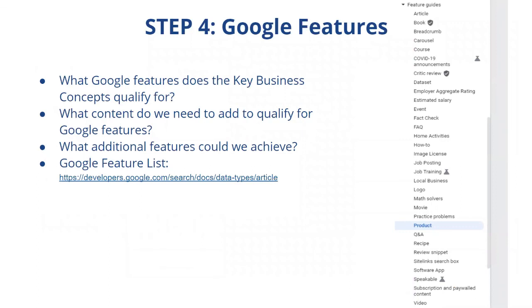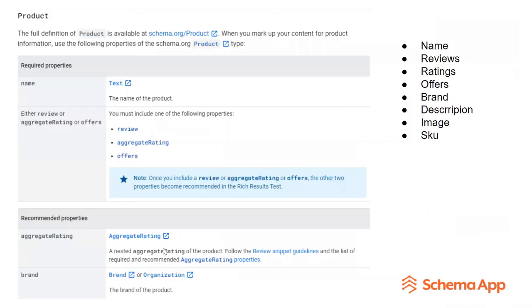So what Google feature are those schema types eligible for? What content do you need to add for a Google feature? So taking product as an example, the product rich result has a number of required and recommended properties, as they all do.